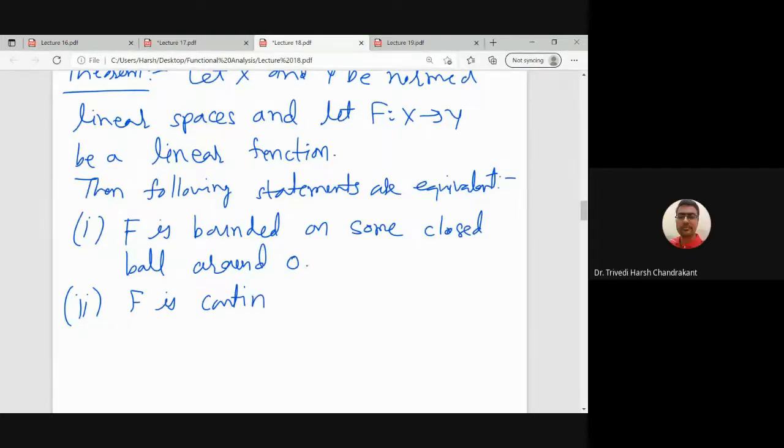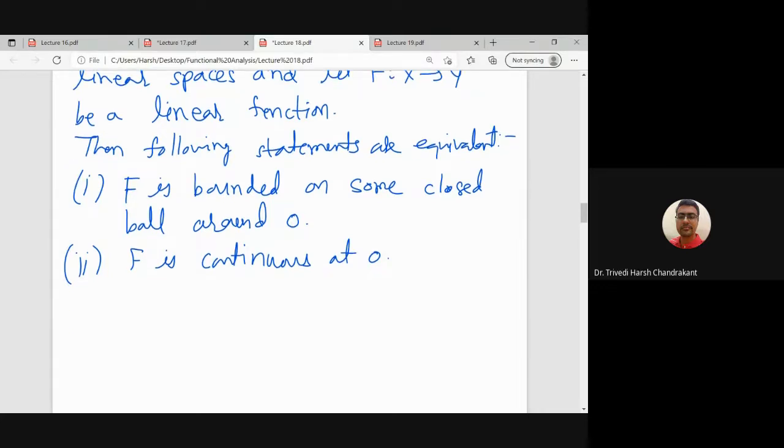Basically we take modulus of f of x less than or equal to some fixed number alpha, so it is bounded below by minus alpha and above by alpha, where alpha is some positive number.